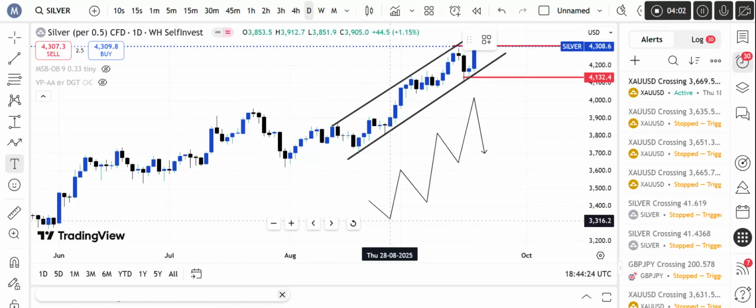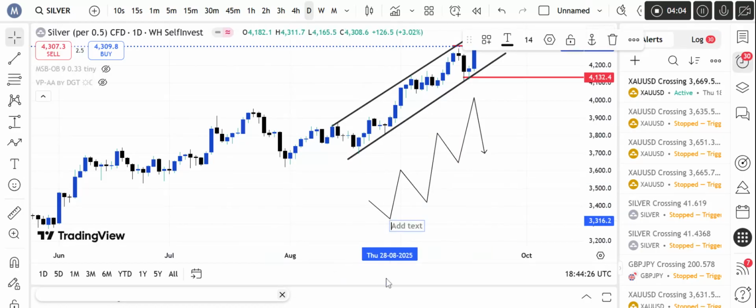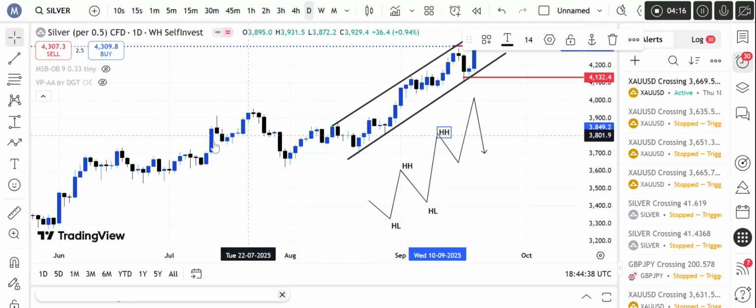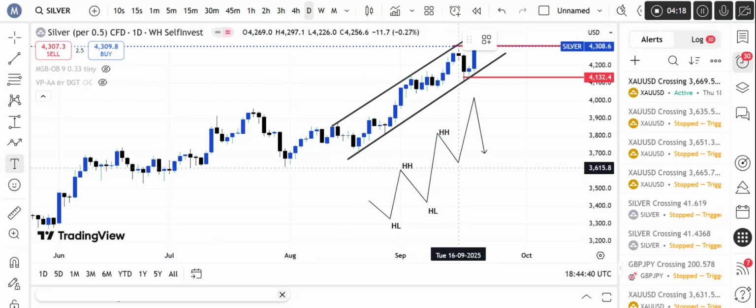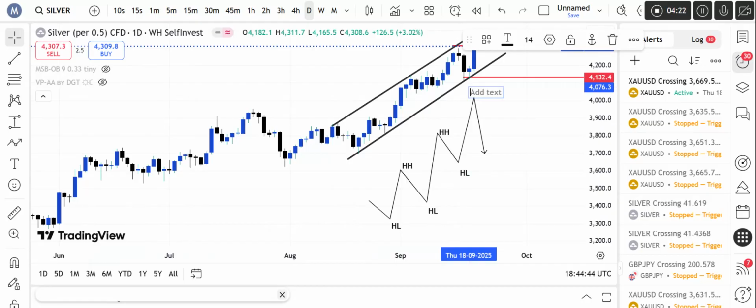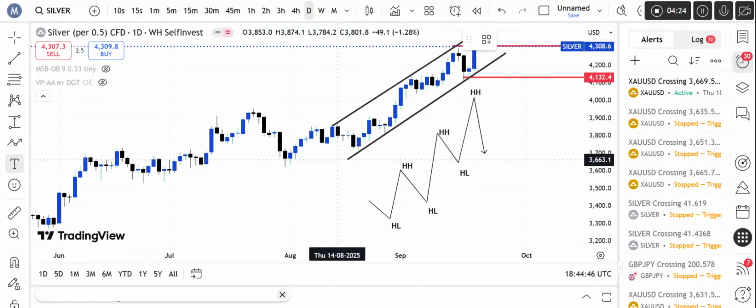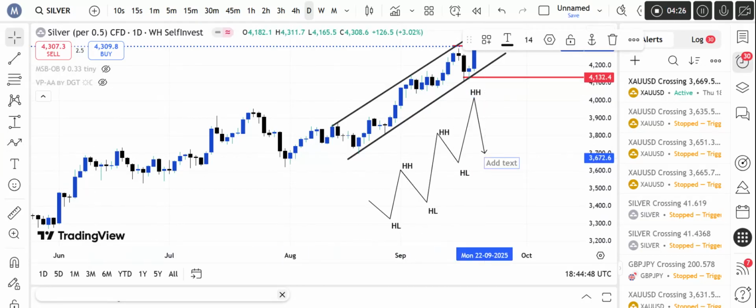Here is my higher low, to show you higher high, higher low here, higher high, higher low, higher high, and this is the lower low.